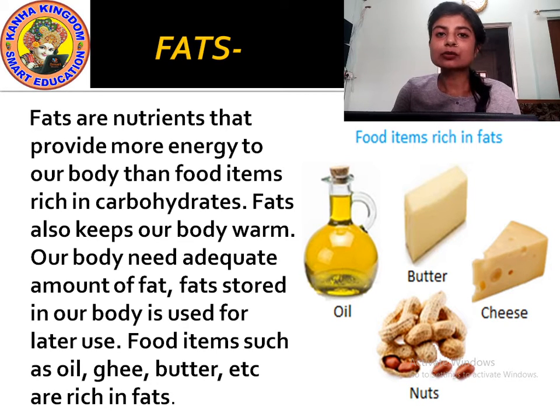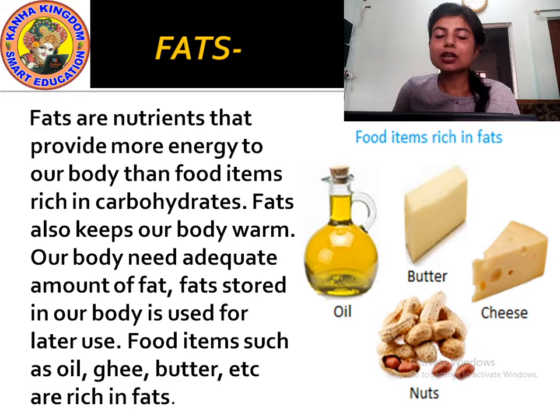Now students, what are the sources of fat? From where can we obtain fat? Food items such as oil, ghee and butter are very rich in fats. That is why we should not eat too much oily food, and not so much butter and cheese.